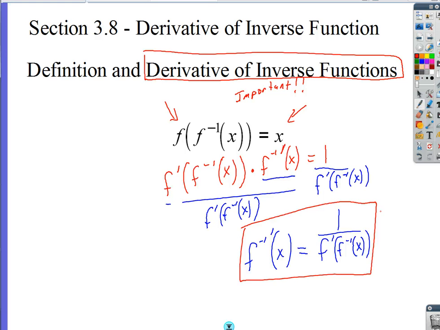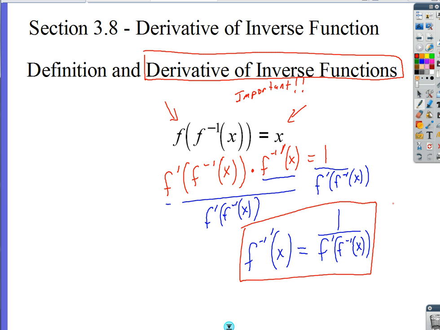My thing is when I try to figure out what is f prime of f inverse, maybe it's f inverse of f prime, I can never remember, which is why I memorize this relationship here and just take the derivative each time. Mainly because you're only going to be asked to do this maybe once or twice on the AP exam. So your choice: you can memorize this and take the derivative, or you can memorize the actual derivative.